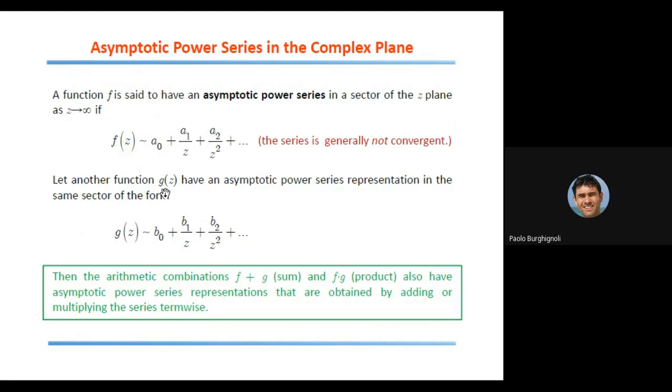Now, if another function g has its own asymptotic power series representation with coefficients b, then it turns out that the arithmetic combinations, such as the sum and the product of those f and g functions, also have asymptotic power series representations that are obtained by respectively adding or multiplying those two series term-wise. So it's easy to perform asymptotics of sums or products of functions which have already been characterized asymptotically.